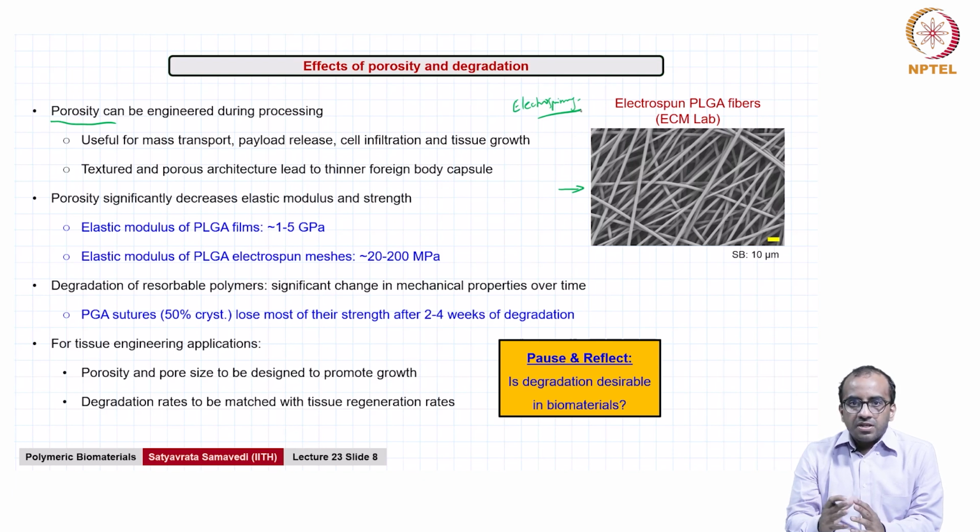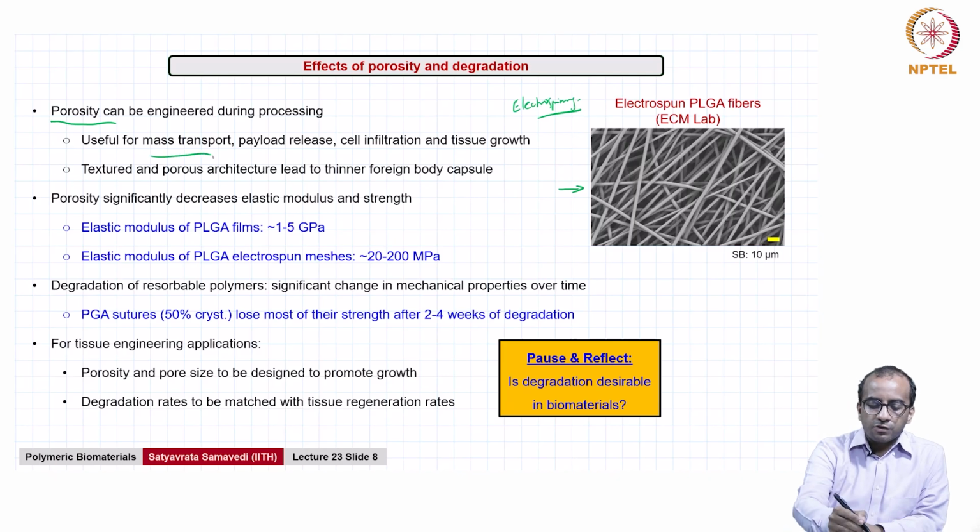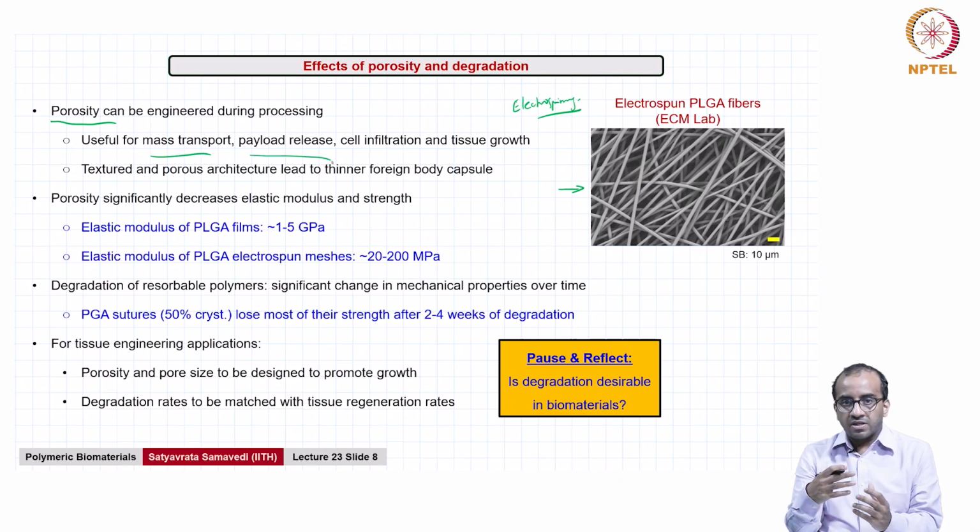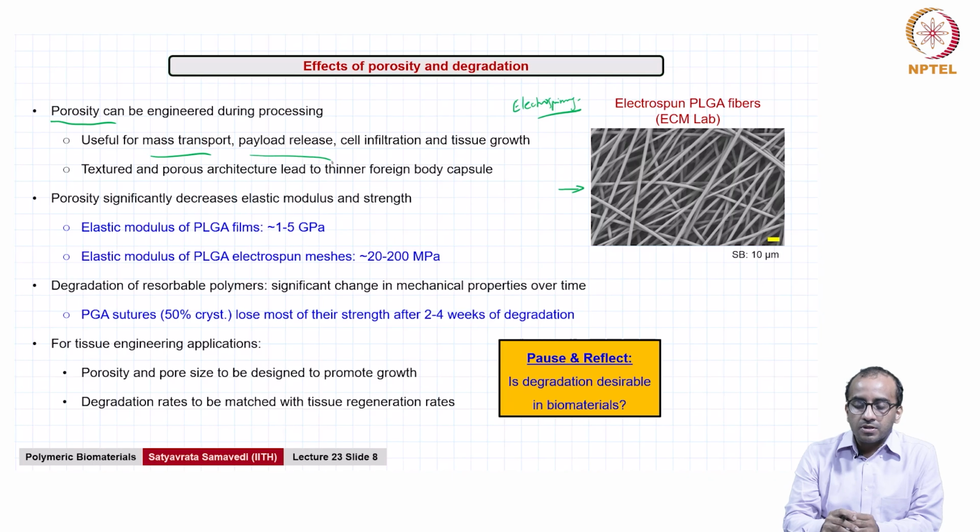That porosity can be useful for a variety of reasons: for mass transport, and for release of therapeutic molecules, particularly macromolecules. Porosity can also help with cell and tissue infiltration in applications such as tissue engineering.